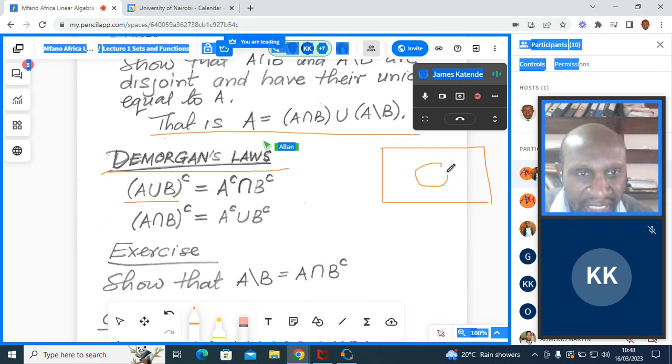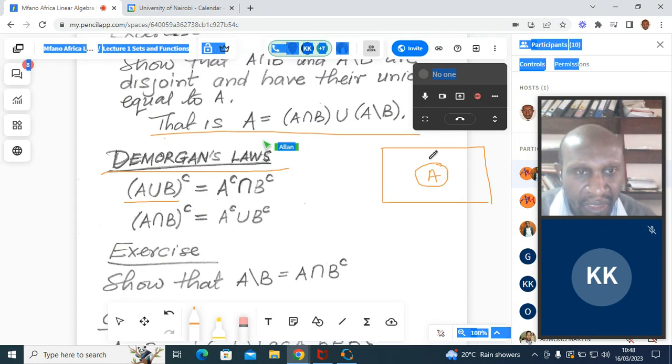Then I have a set inside here, call it A. So if this is my set of interest and that's the only set I'm interested in, this big set, and I have a subset within it, then as long as I'm aware what my universal set is, I can get the complement of A, which is all the elements that are not in A. So everything outside A, what I'm shading, becomes a complement of A.